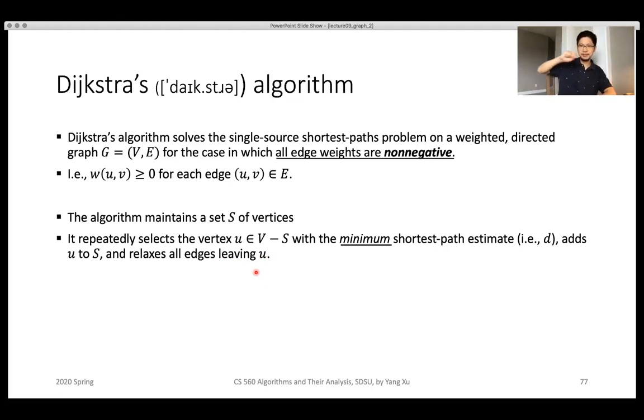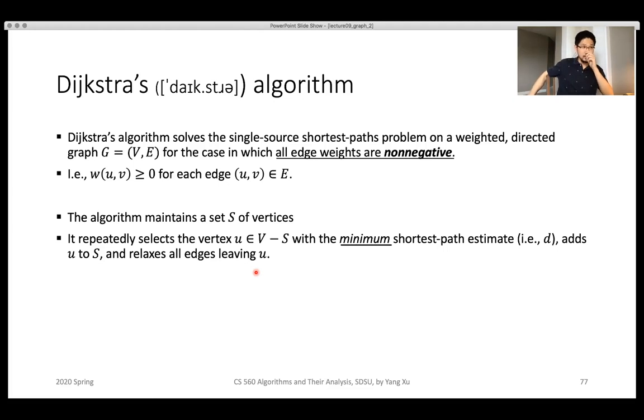We just select the vertex that is seemingly correct because it has the lowest shortest path estimate. It is likely to be the vertex that leads to a shortest path. So it's a kind of greedy algorithm, right?